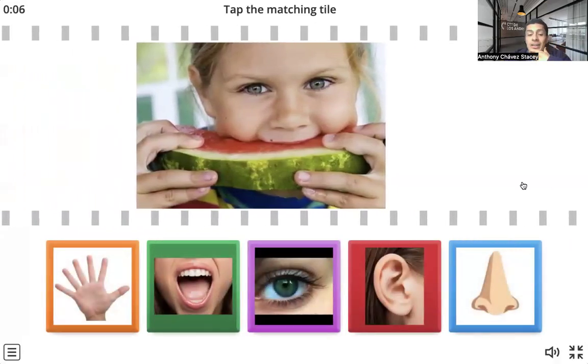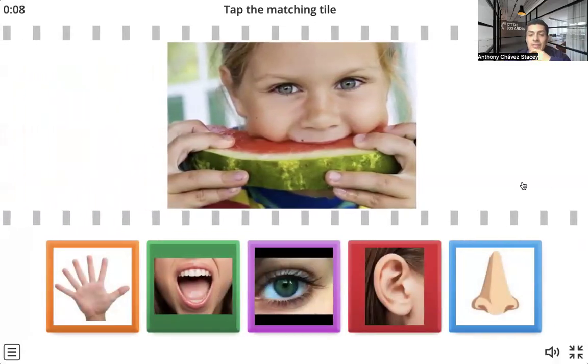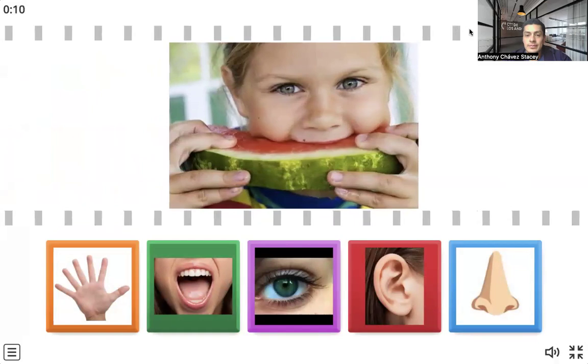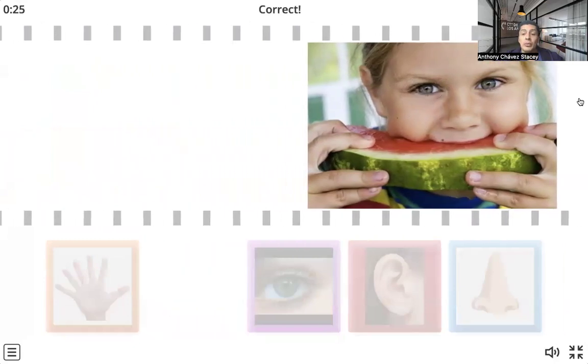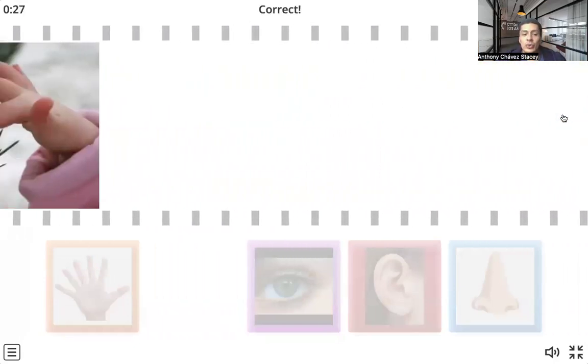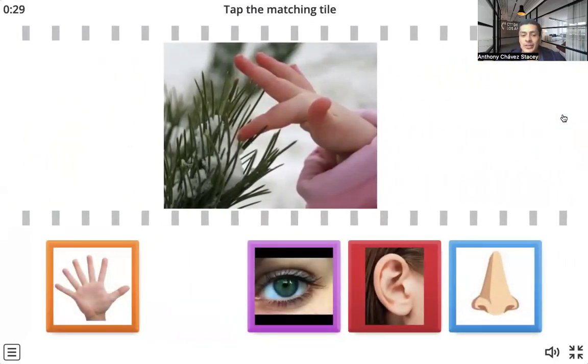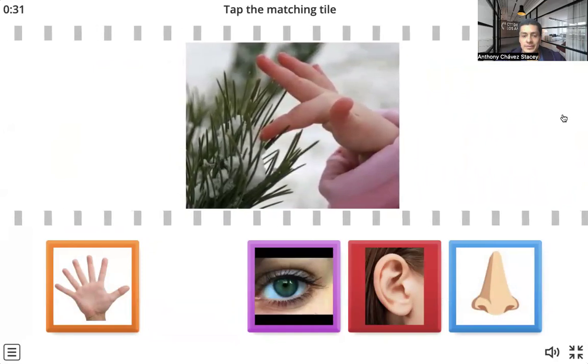Okay, so what is this sense? Anybody? Taste. This will be the taste. Let's see here. Correct. So that'll be the taste. The next one, what about this image? Touch.